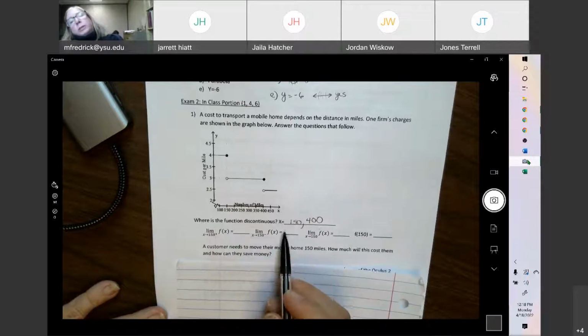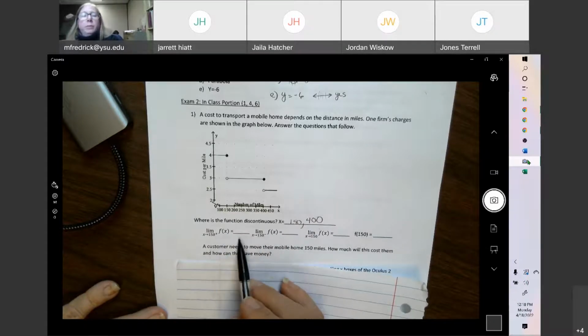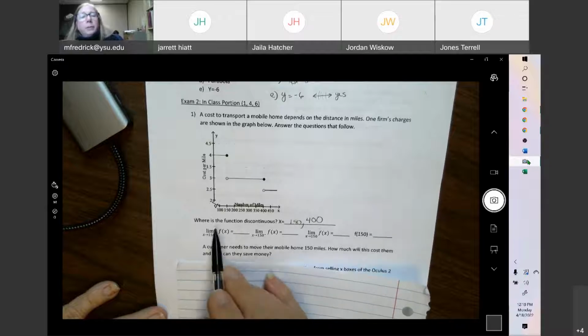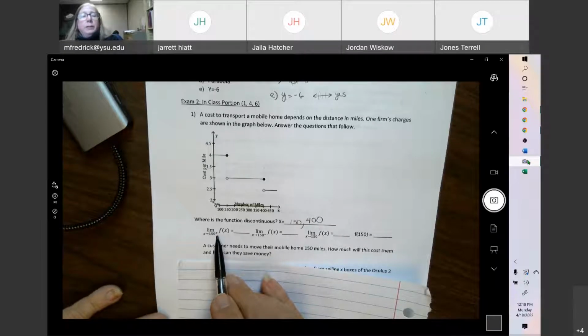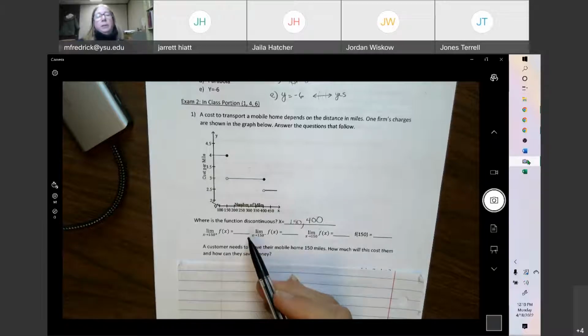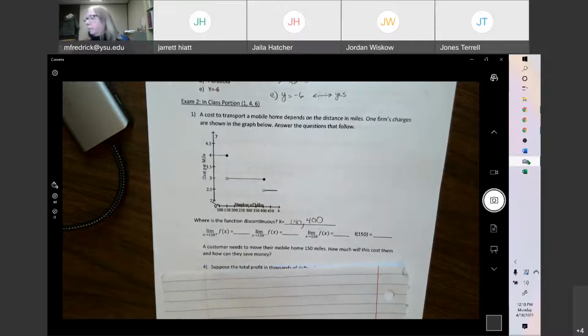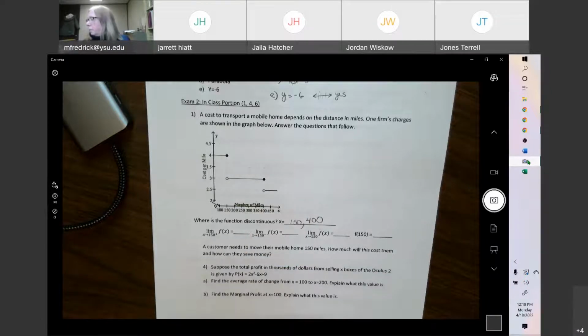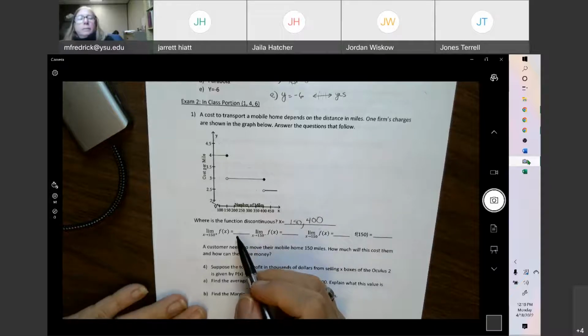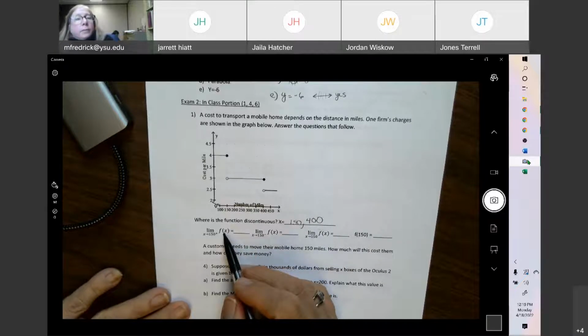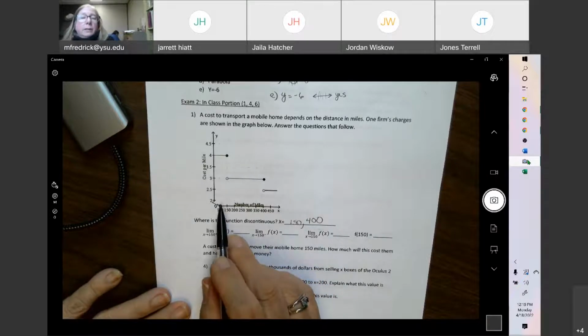Okay, so since there's a break at 150, we're going to look at 150. So we want to find the limit as x approaches 150 from the right. Does anyone have an answer? Three? Yes.